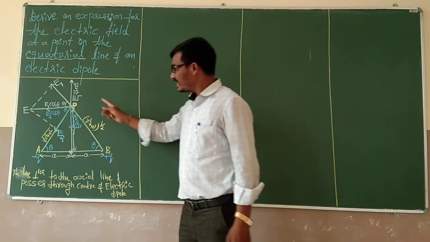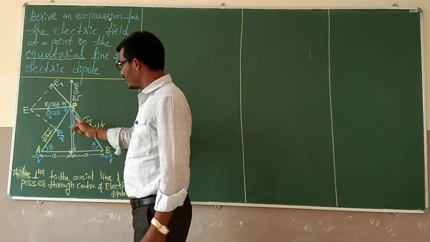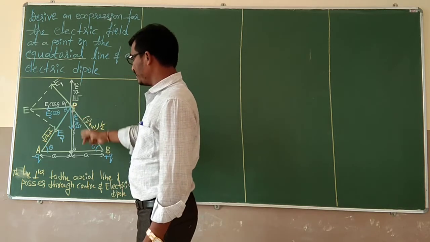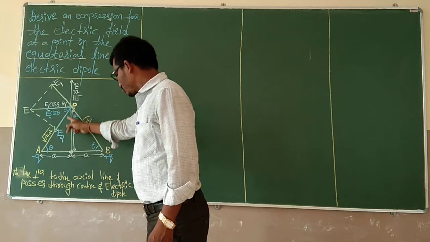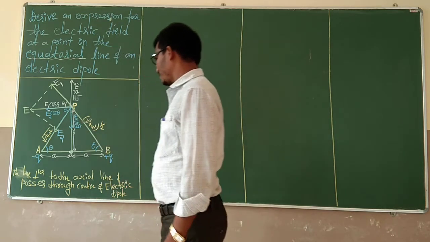But here we have to find the electric field on the equatorial line, which means the line perpendicular to the axial line.